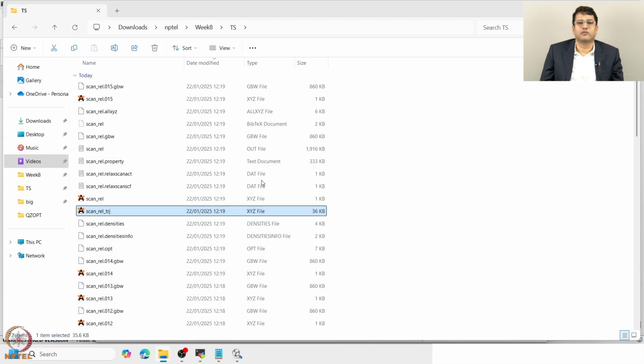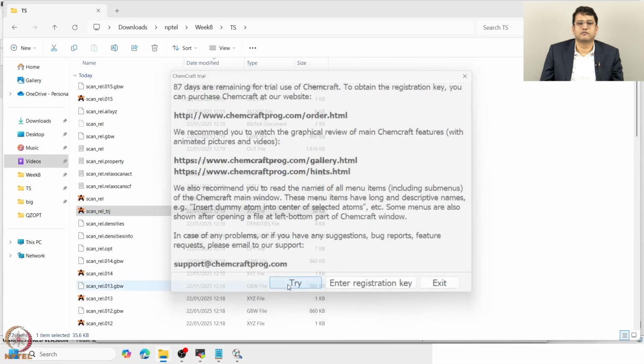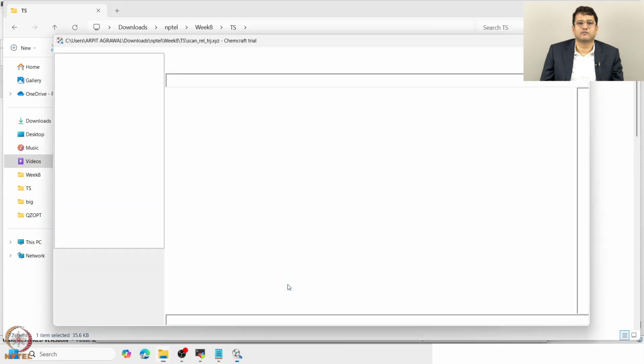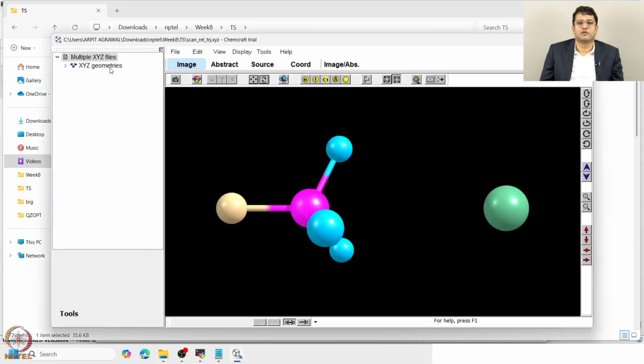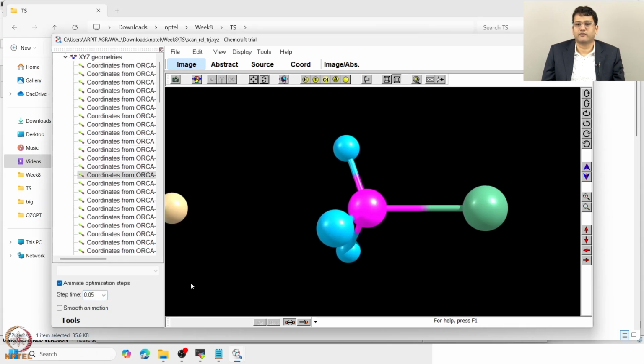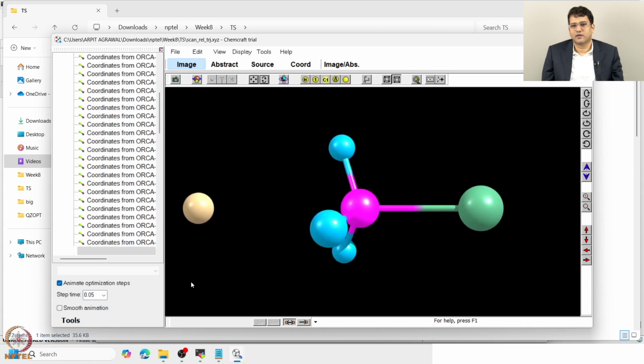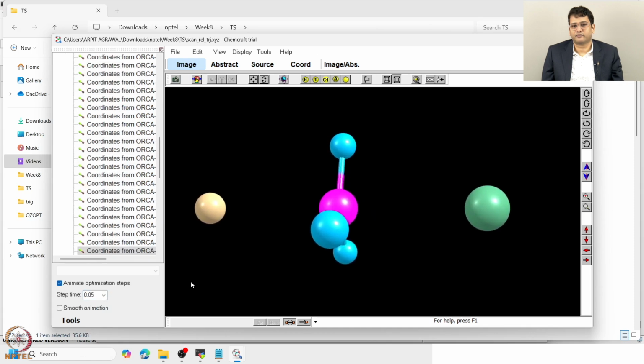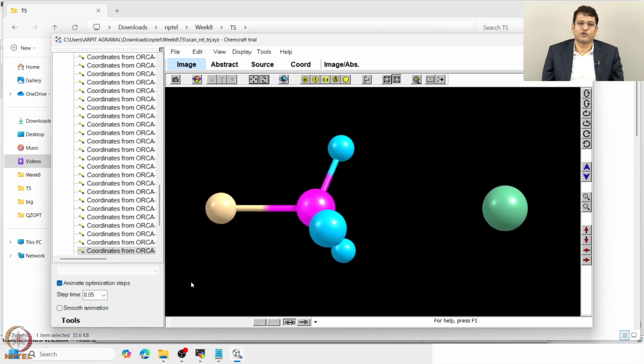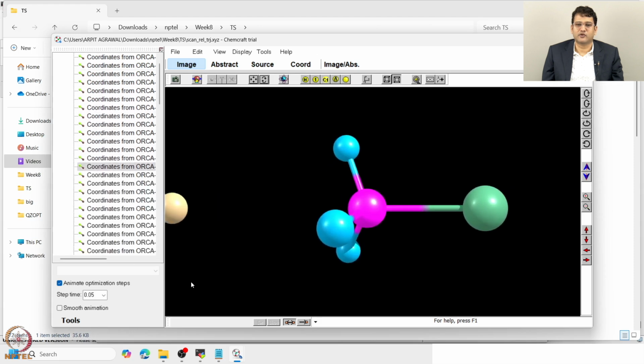I open with ChemCraft. So I want to animate it, make the step time as 0.5 and animate optimization step. So here at least you can see it gives you the correct behavior.